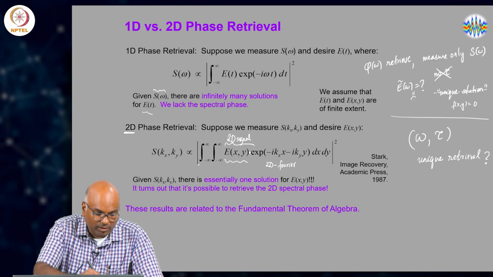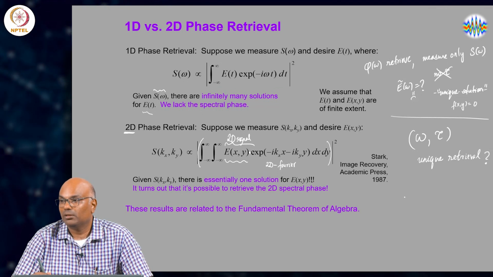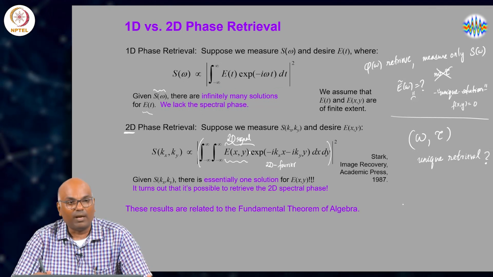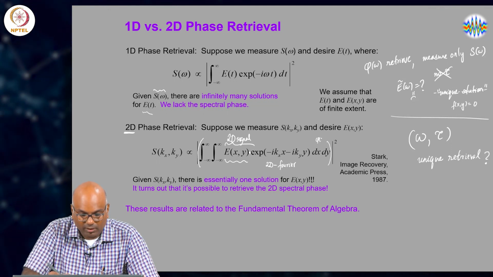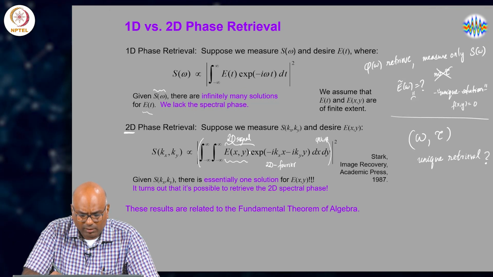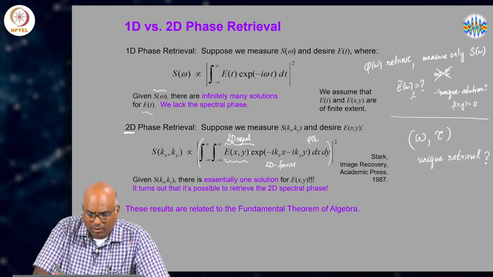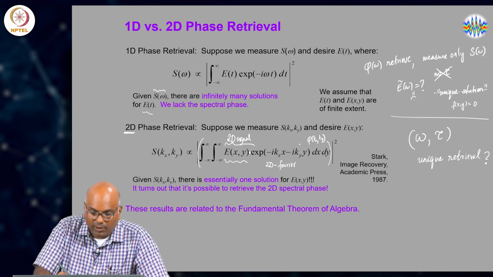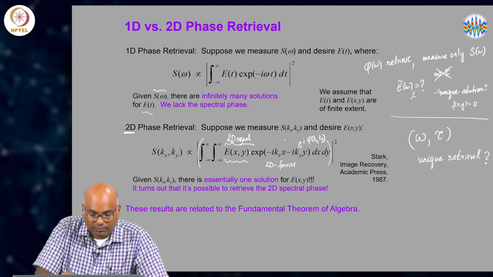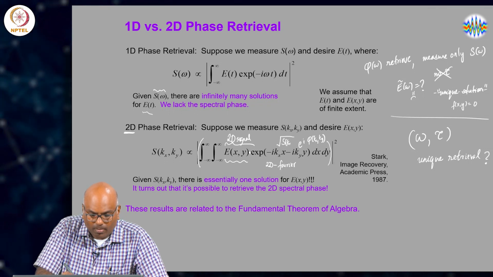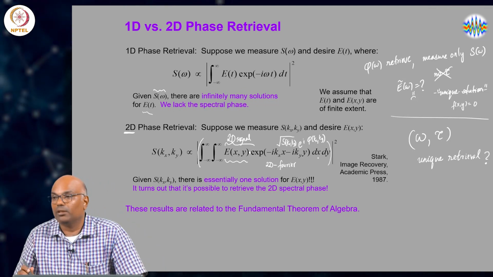Just this integral without the mod square still contains the phase information. It has an amplitude and a phase. The phase function would have been phi of kx, ky, e to the i phi of kx, ky, multiplied by the amplitude; that would have been the value of the integral alone without the mod square.